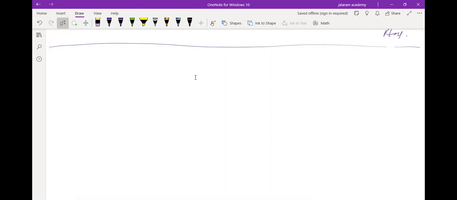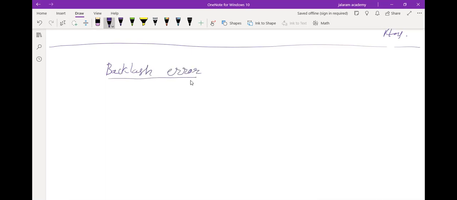Is that clear to you? That error is called backlash error of screw gauge.